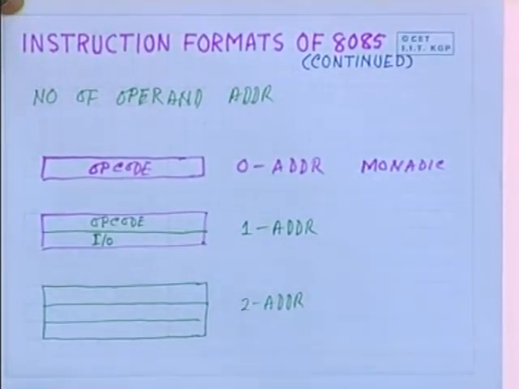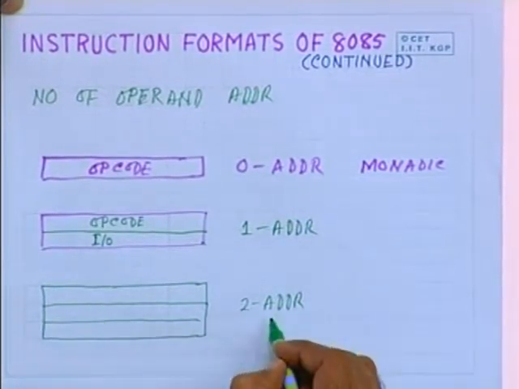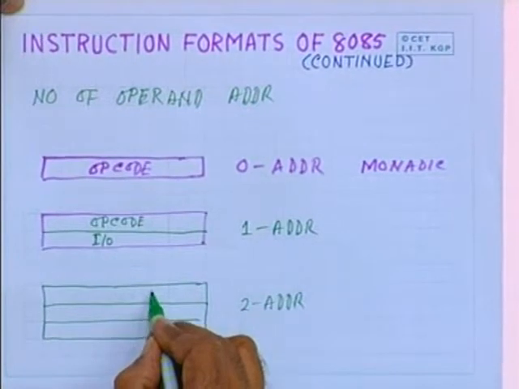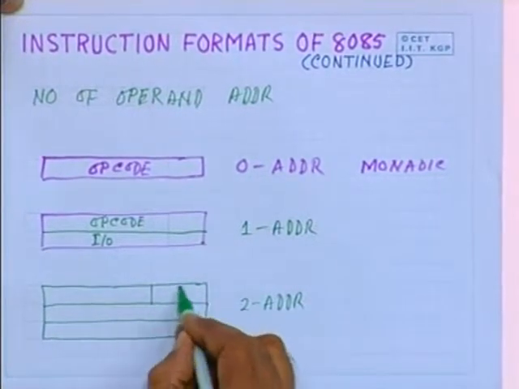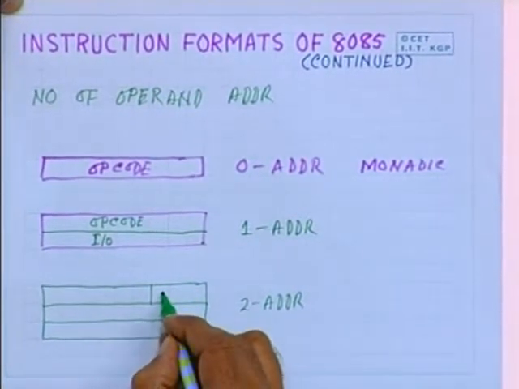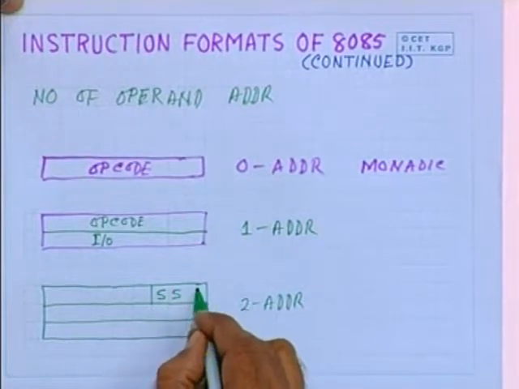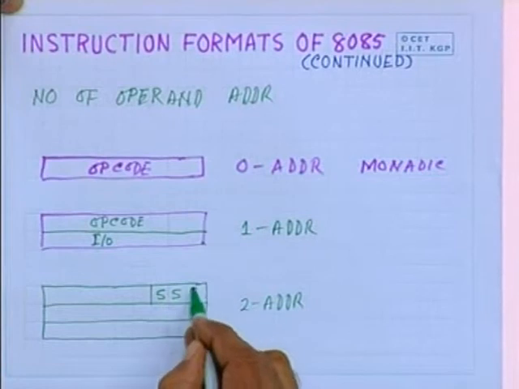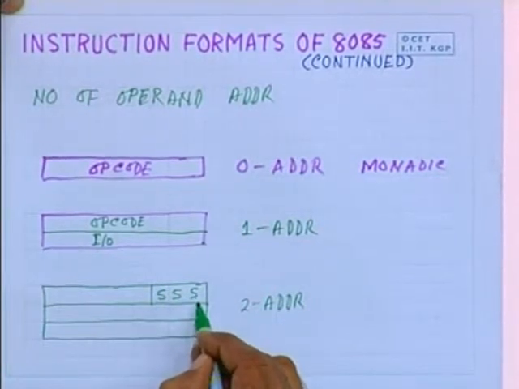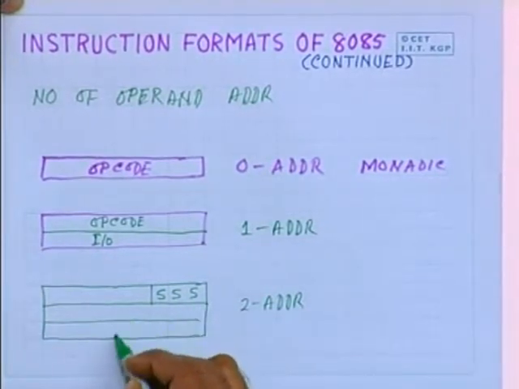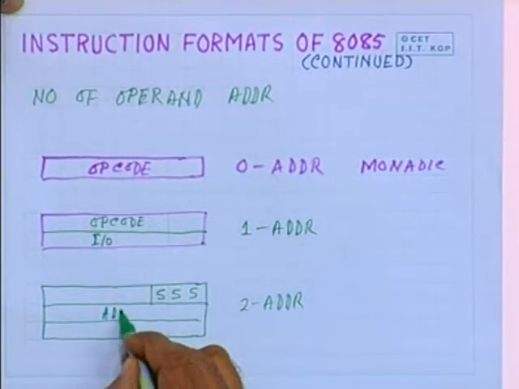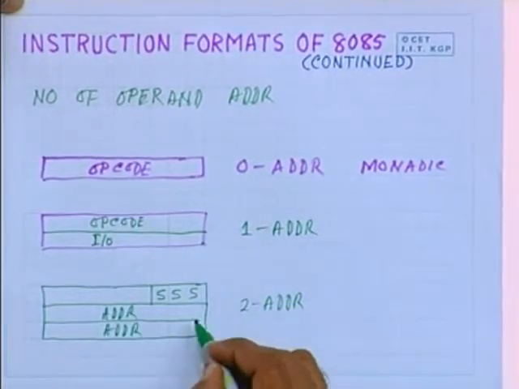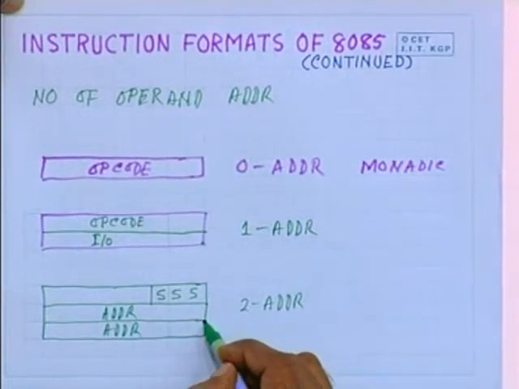For example, whenever you are specifying two addresses, one address can be specified in a register. So here it can be SSS, where SSS is the source address of one of the operands specified in a register, and another address is specified by these 2 bytes.